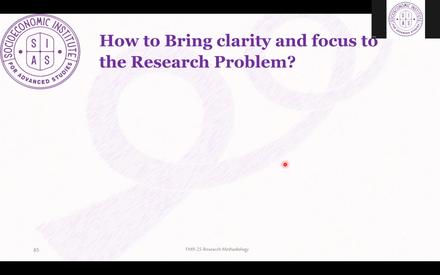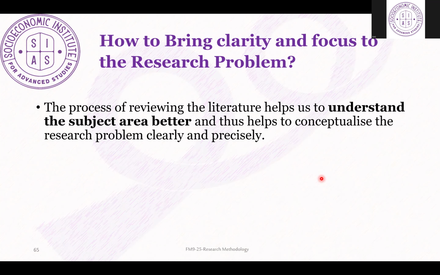Now we are supposed to ask about the clarity of our research, and this means that we need to review the literature that helps us to understand the subject area better, so that we become experts in the matter, as they say, and this helps to conceptualize the research problem clearly and precisely. Now, in the inspiration economy, we are not supposed to only do a literature review while sitting away from a specific community that we want to tackle an issue in.